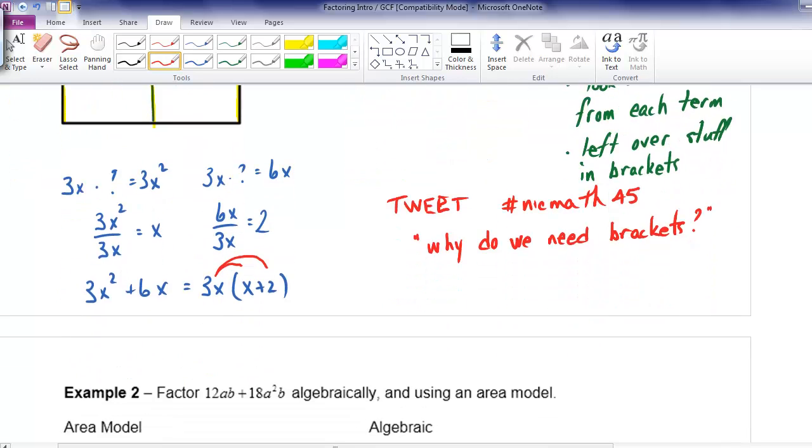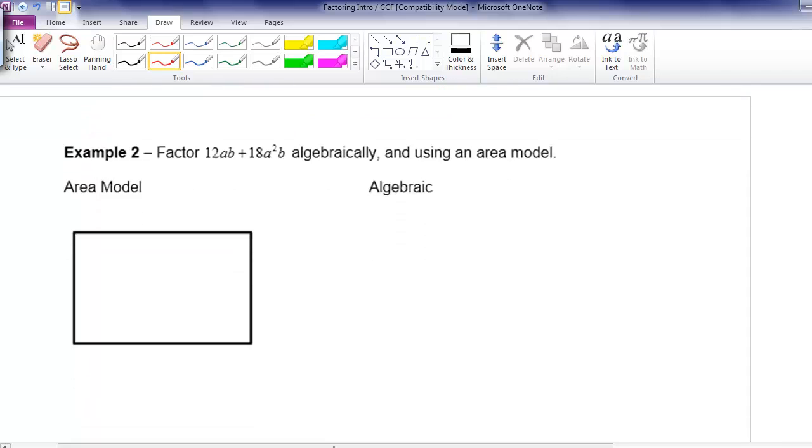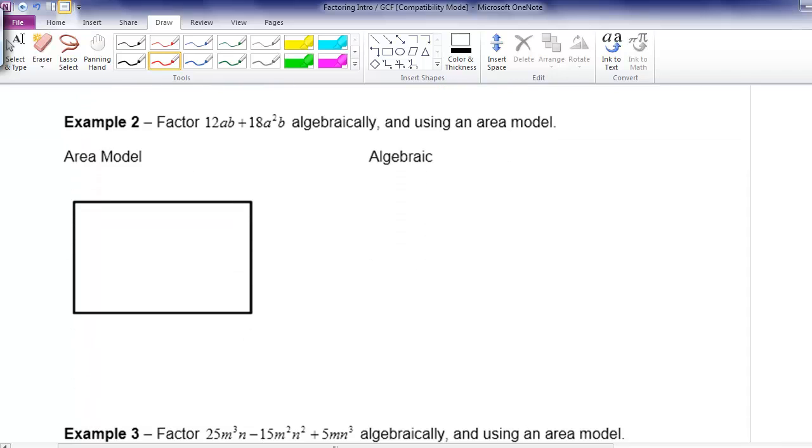So let's look at one more example. Two more examples. Factor this one. Okay, pictorially then, I break my rectangle into its two pieces. I always try to look at the GCF first, and I go, what is the biggest thing that goes into both of those? And I'm consistent.